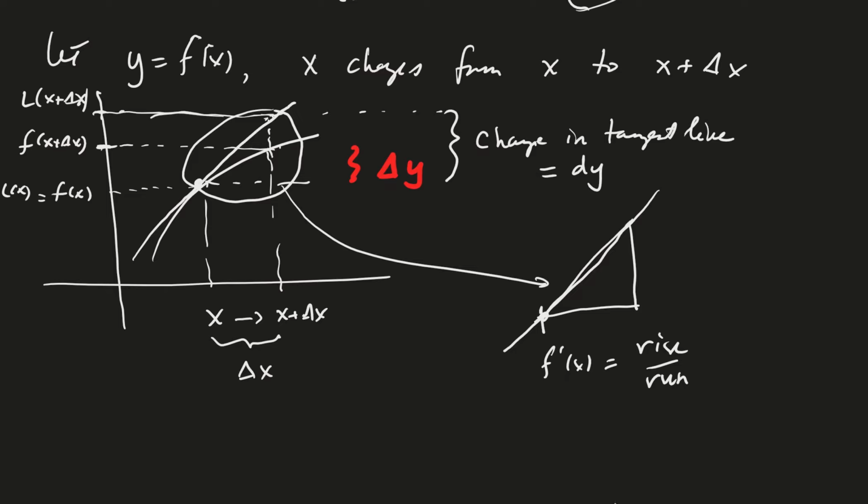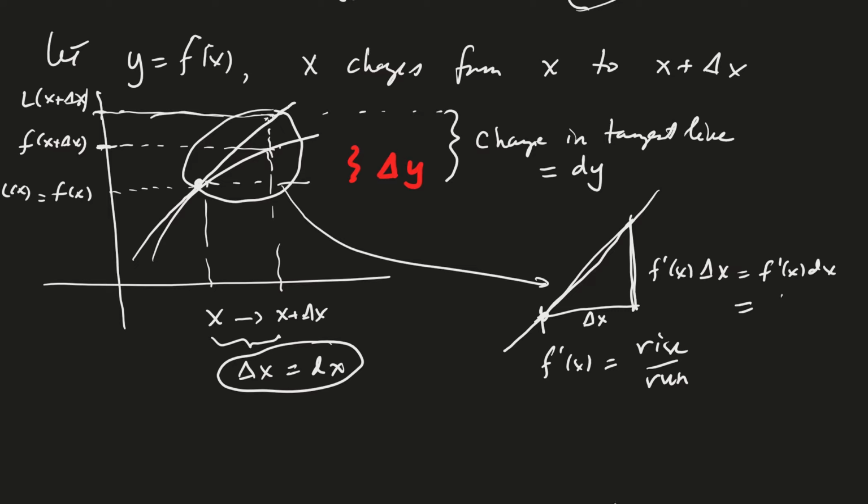And so if the run is delta x, then the rise is going to be f prime of x delta x. And if we let delta x be equal to dx, which is normal, then this is f prime of x dx, and that is dy.